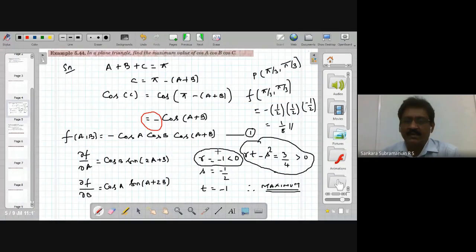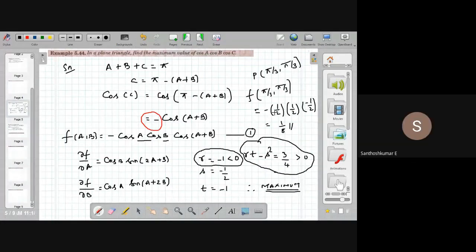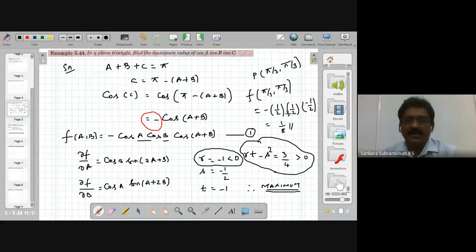And R is less than 0, so by the condition we say that at the stationary point A equal to pi by 3 and B equal to pi by 3, the function f(A, B) attains maximum. The maximum value is f of pi by 3 comma pi by 3. Substituting, cos of pi by 3 is 1 by 2, and here also 1 by 2. Pi by 3 plus pi by 3 is 2 pi by 3, so you get minus 1 by 2, and therefore the value is 1 by 8.